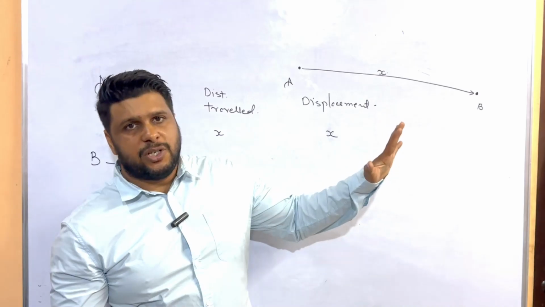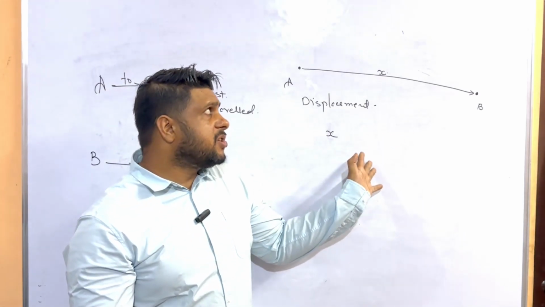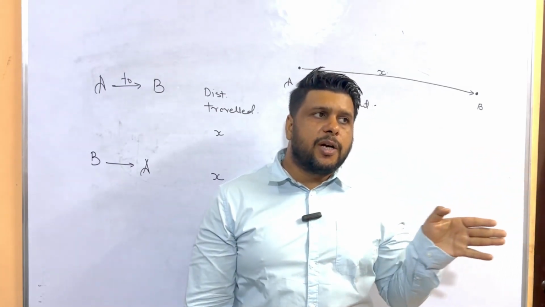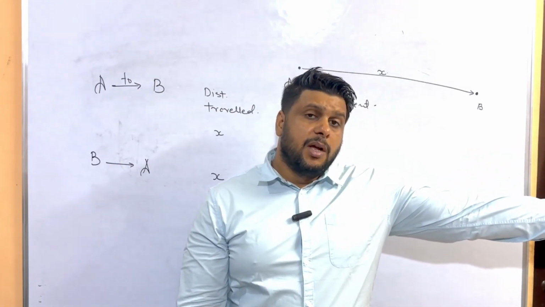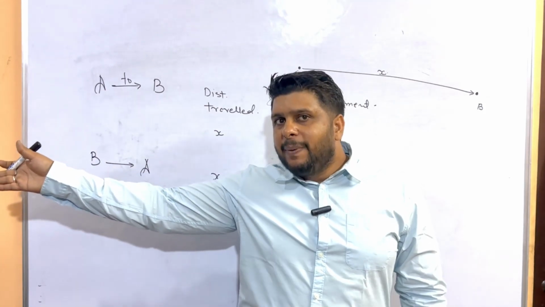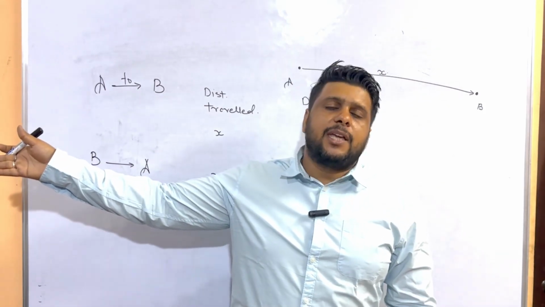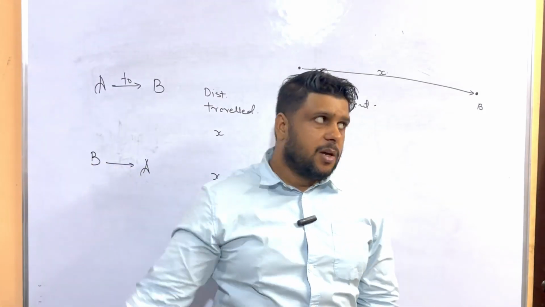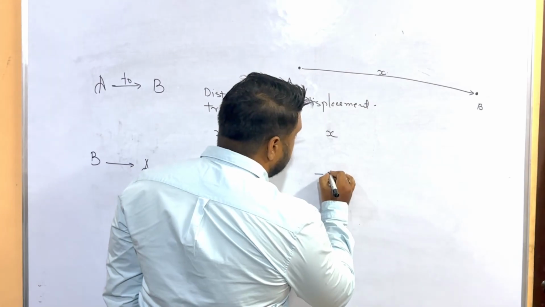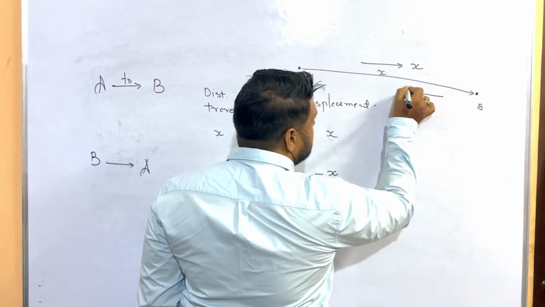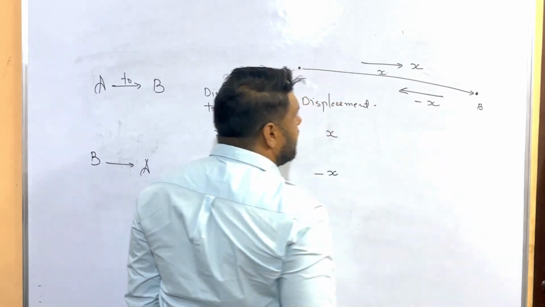Displacement has a direction. Previously, when it was traveling from A to B, I took it in the positive x direction. Now it is moving in the negative x direction. So can I keep it positive? I cannot. I have to keep it negative because it is in the opposite direction. So the displacement here is going to be minus x. In this direction it is x, in this direction it is minus x.